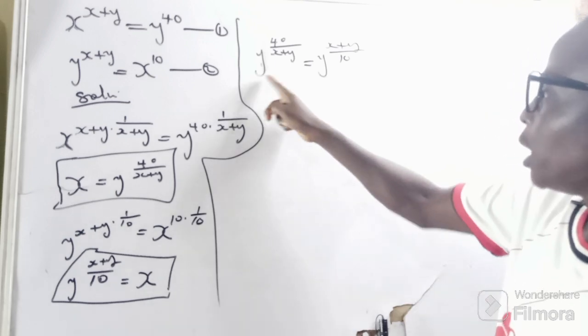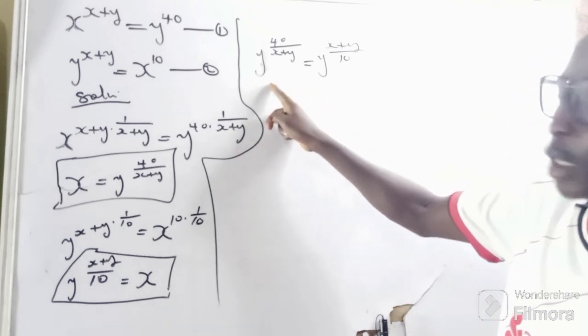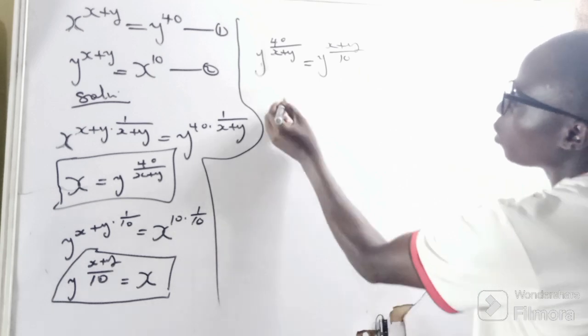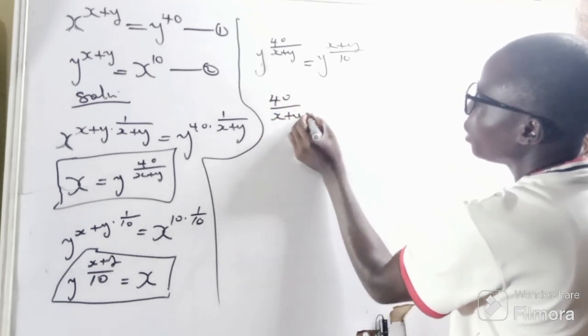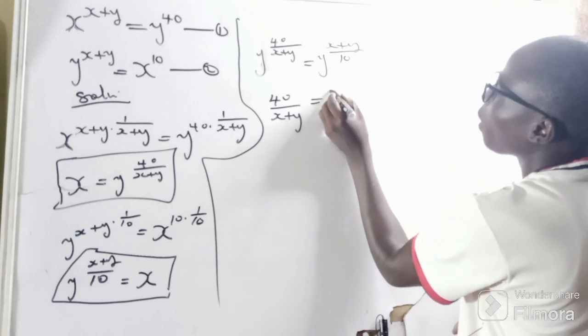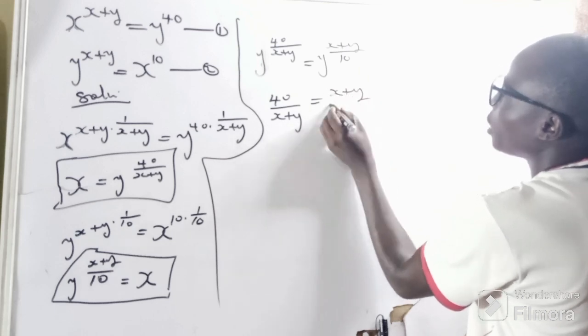We can see that the bases are the same, so we can equate the powers. So 40 divided by x plus y is equal to x plus y divided by 10.